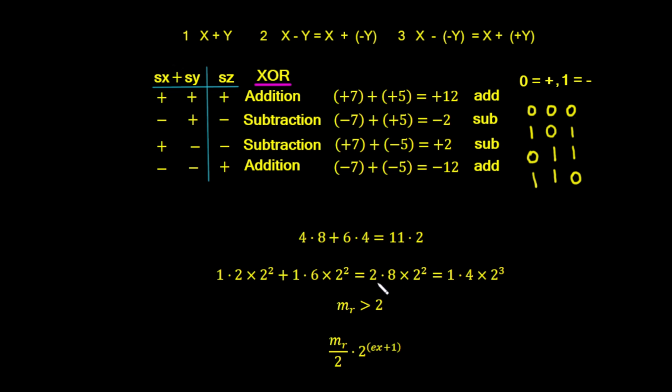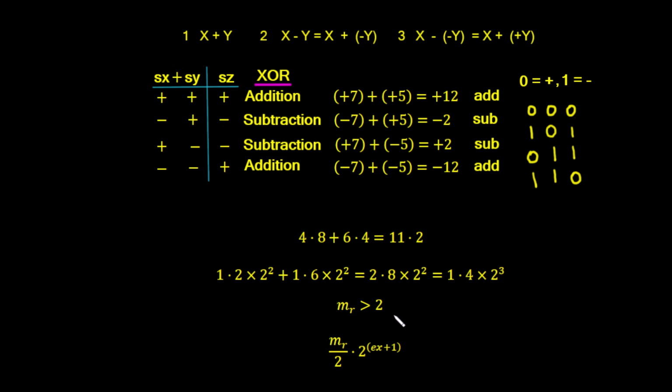So in effect what we've got is a non-normalised number, and we have to normalise it. Okay, so we have to make this a number between 1 and 2. So we can do that by halving this number here. It becomes 1.4, and then we can double this number here. So we double this number by changing the 2 to a power of 3.